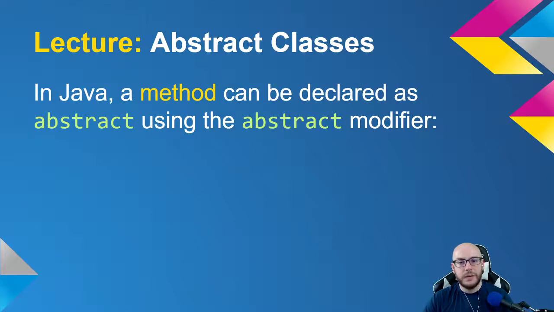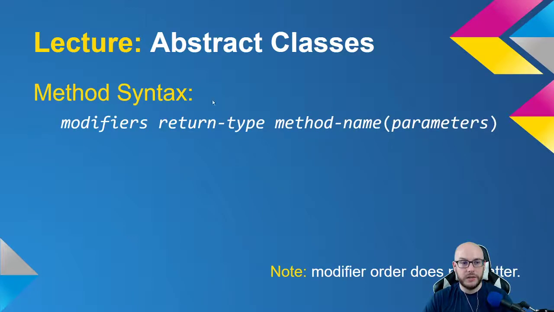In Java, a method can be declared as abstract using the abstract modifier. A reminder on our method syntax, like our method header syntax, all of the modifiers go up front. Then we see our return type, our method name, our parameters. There's a note here that says modifier order does not matter. I may have spoken about this before, but you can, so modifiers that we know, public, private, right?